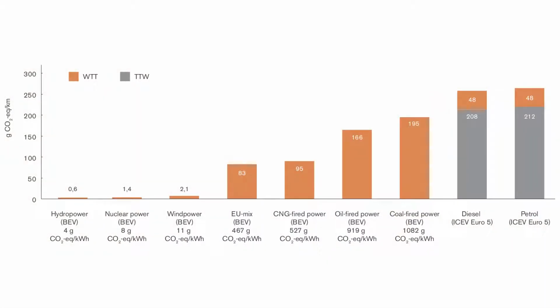In this figure, BEV stands for battery electric vehicle and ICEV stands for internal combustion engine vehicle. If electricity is produced from non-renewable resources like coal, oil, or natural gas, electric propulsion will mainly lead to problem shifting and substantial greenhouse gas emissions.